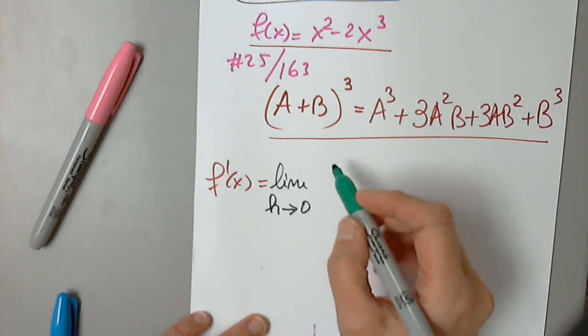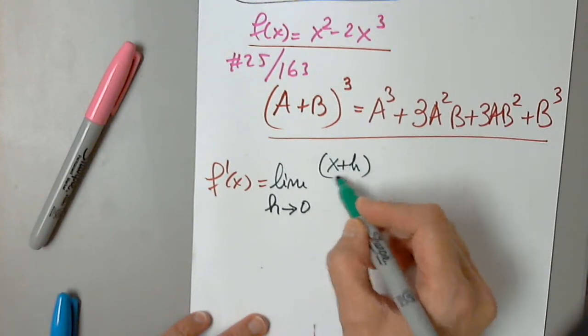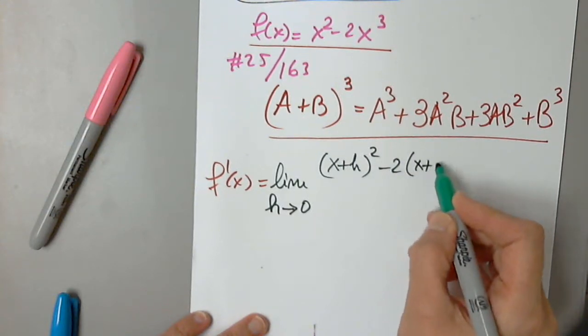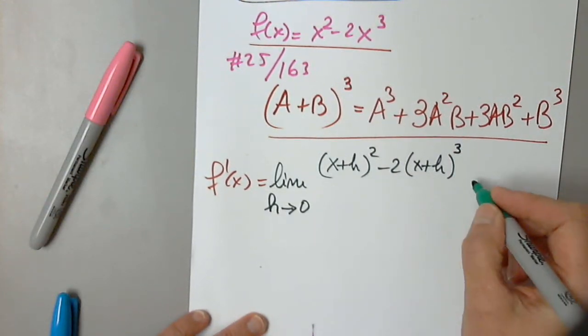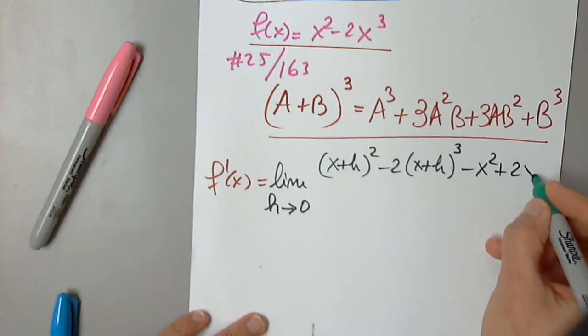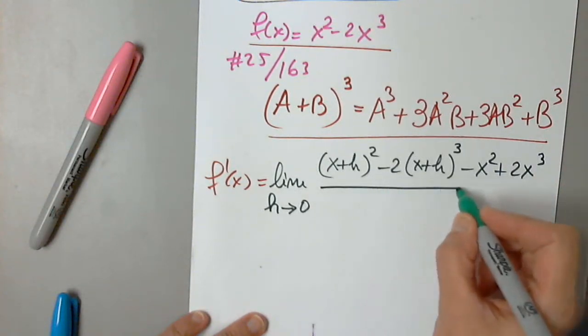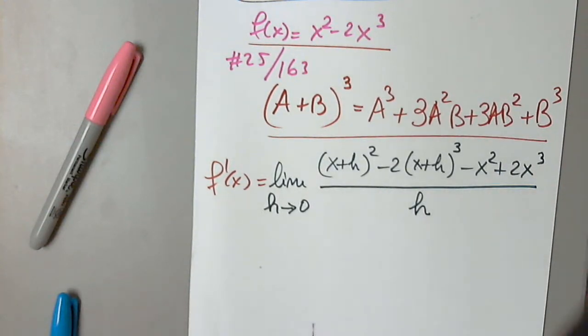From f of x plus h, x plus h squared minus 2 times x plus h cubed minus x squared plus 2x cubed, divided by h. See the difficulty with this function? This is no problem, but I have to use this formula for x plus h cubed. Otherwise, it will take me longer.